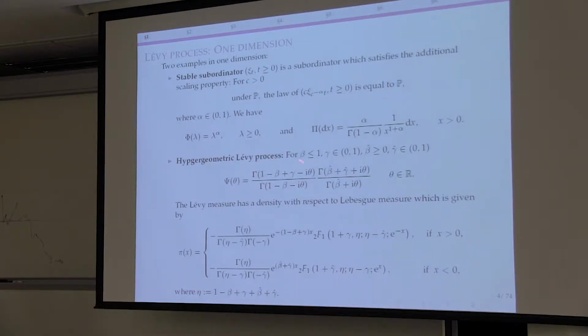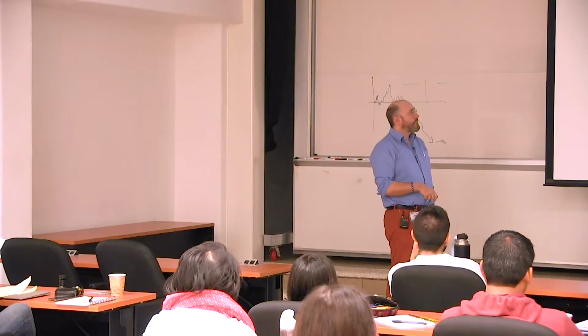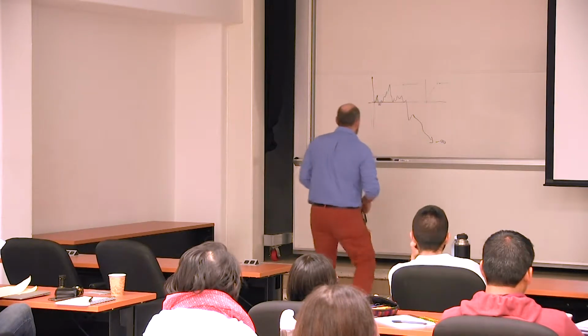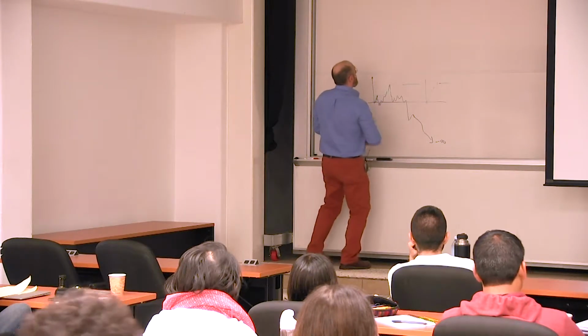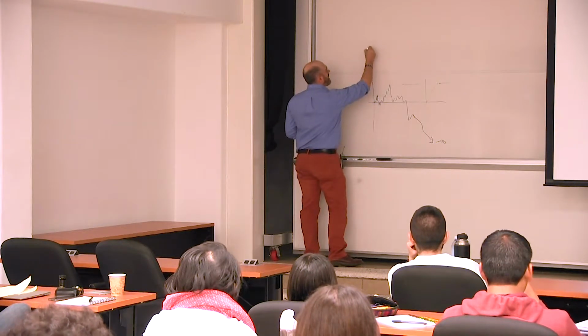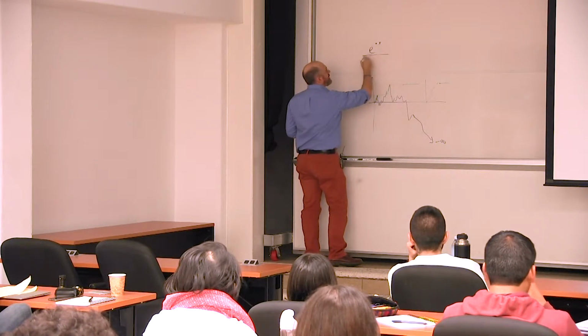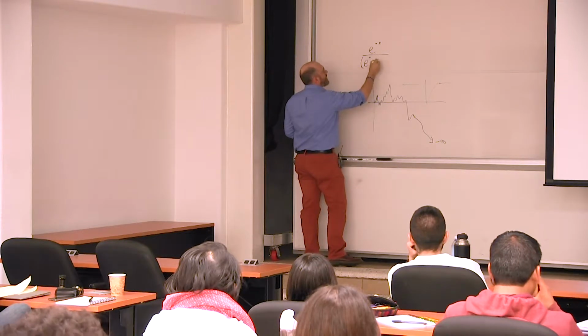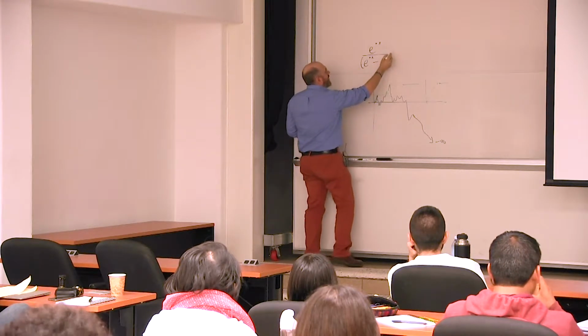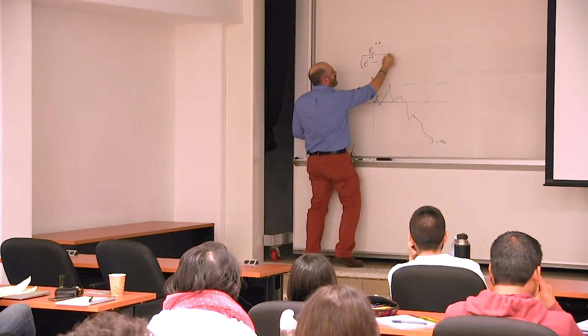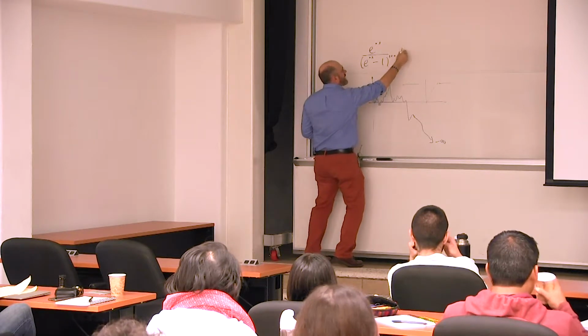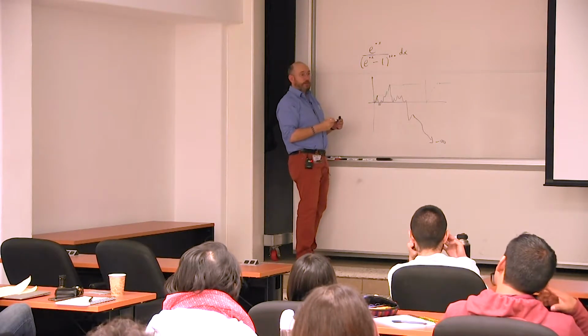And these are coming from what are called beta subordinators, and they are subordinators which have rather nice Levy measures, so there's something like e to the power something x divided by e to the something x minus 1 to the power 1 plus something dx. And I can't remember what the somethings are.